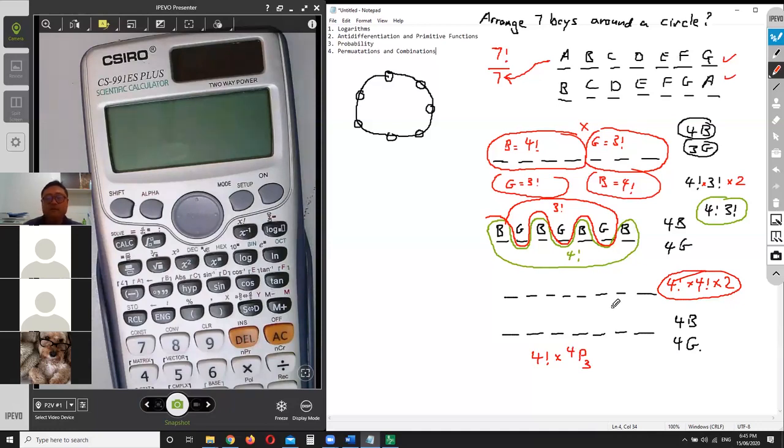Well, it's 4 factorial, and then I was thinking, because only 4 people can go into the 3 spots, that makes it 4p3, and then it's times 2, but because there can only be one order, it would be divide 2, which makes it just that.